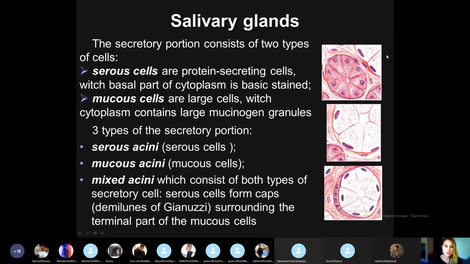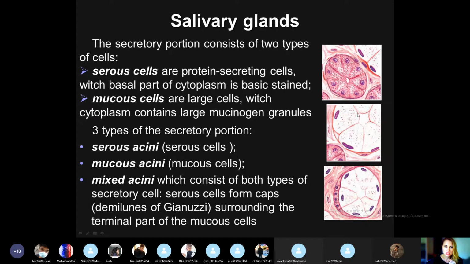But now let's firstly focus on the cells. In each secretory portion, we differentiate two types of secretory cells. The serous cells, which are protein secreting cells, which have a basophilic cytoplasm, and these cells are usually not large, so they are small.